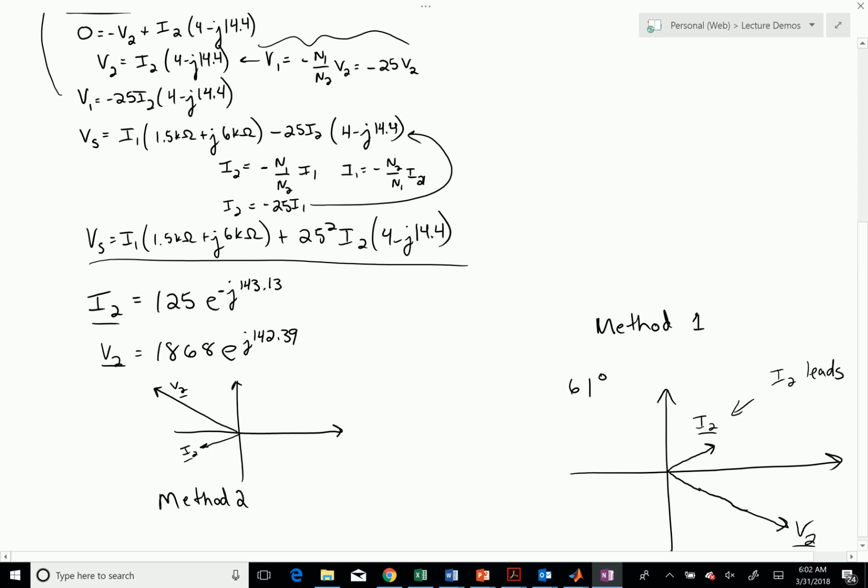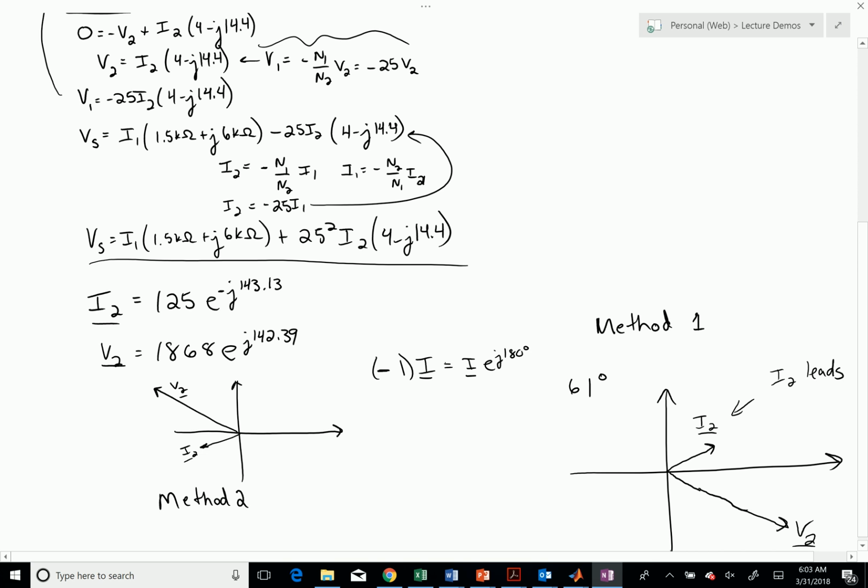Well, remember, a 180 degree shift is the same as multiplying by -1. If I take I times -1, this is the same as taking I and multiplying it by e to the j 180 degrees. Okay? So it's a 180 degree shift.